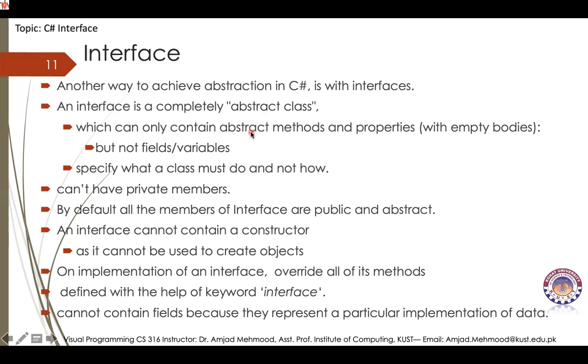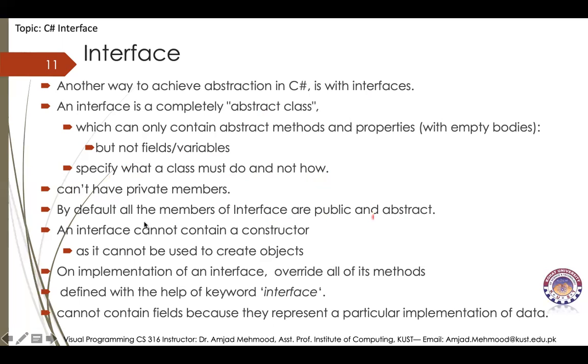You can define methods and properties in interfaces without bodies, but not fields and variables. Specify what a class must do and not how. Cannot have private members. By default, all members of the interface are public and abstract.